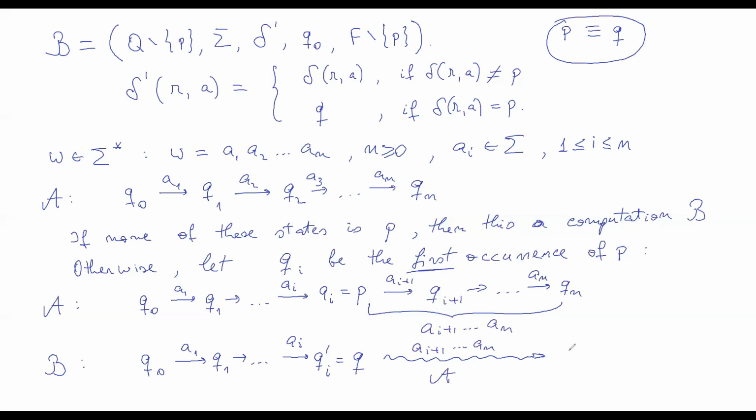And that's going to take me to whatever state, and they will be accepting or rejecting computations in the same conditions. So that shows that indeed I can get rid of one of the states without missing anything. I'm going to accept the same words, and I'm going to reject the same words in the two automata.